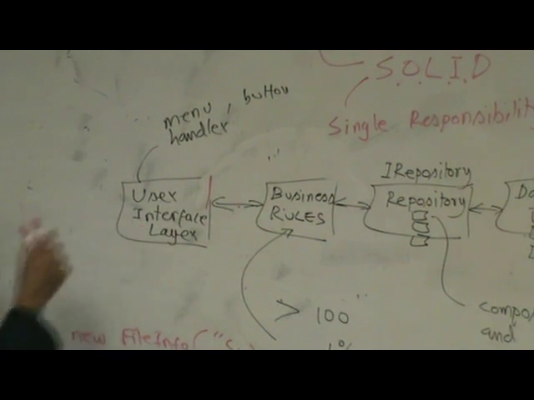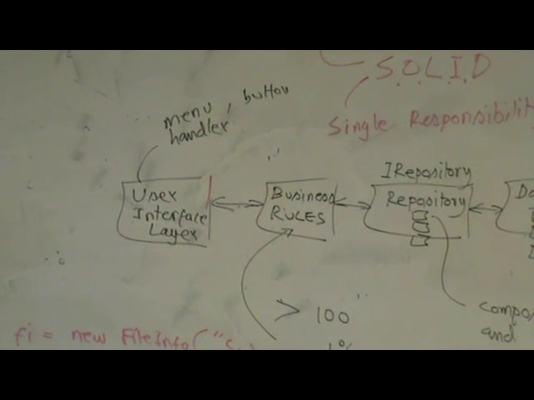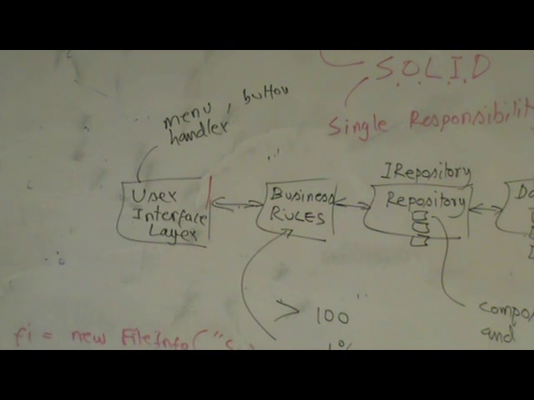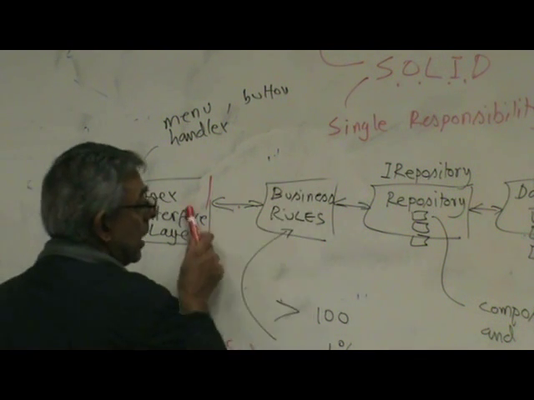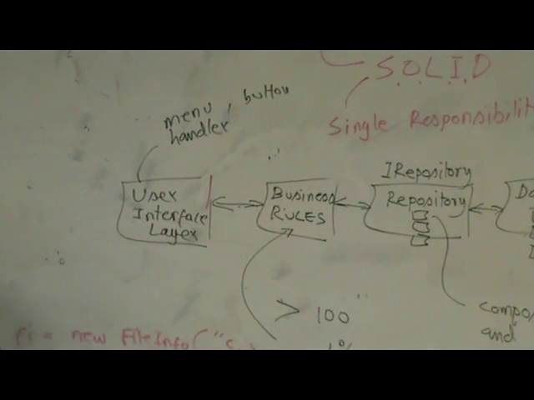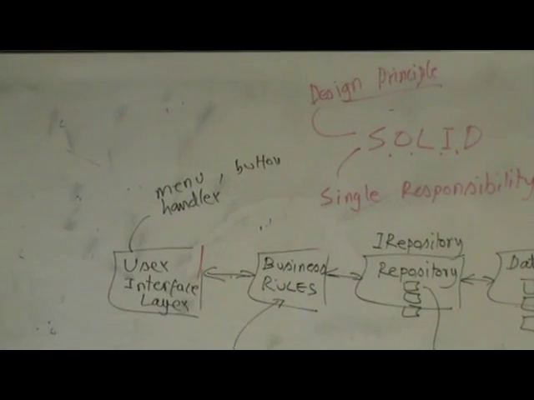It should not have any database code over here. So each class is responsible for one kind of thing. For example, what's the purpose of the business rules class? Only to implement business rules. It has no knowledge of user interface or database or anything, right? So this layered architecture helps us implement the SOLID principles, right?